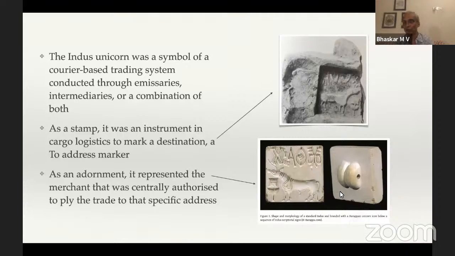And anybody can put a thread through and wear it around neck, arm, wrist, wherever, as well as join other such items into that string as demanded through the transit points and the journeys and the various records that kept accumulating through the journey. So that, I advance, is the primary purpose of the unicorn symbolism, the field symbolism on the Indus markers.